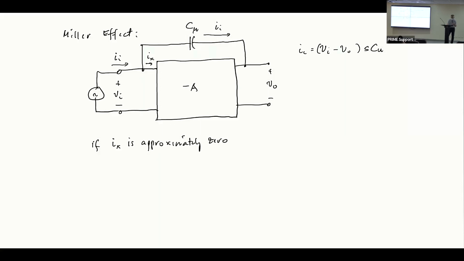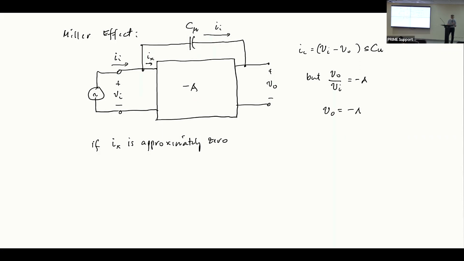But V sub O over V sub I is equal to minus A. So note, this will work only when you have a negative gain. This particular relationship will work if you have a negative gain. And therefore, V sub O is equal to negative A V sub I.